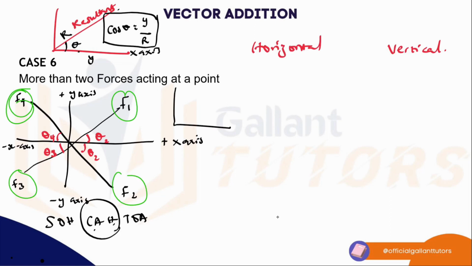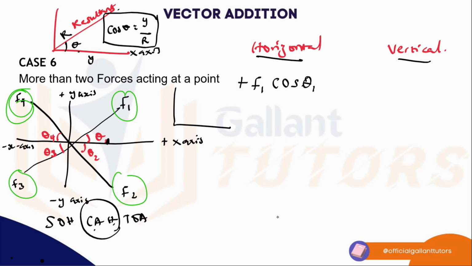For the horizontal, if we want to resolve these to the vertical, what will it be? To the horizontal, I mean to say. This horizontal, this vertical. So it will be plus f1 cos theta 1.